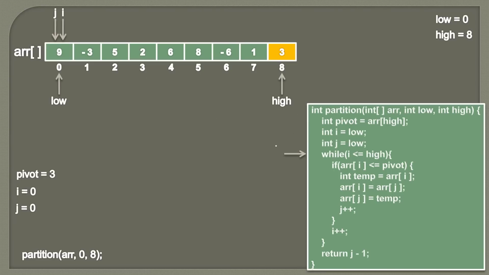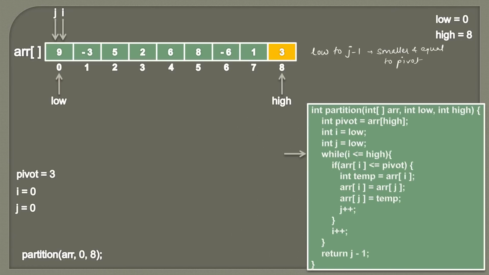The basic idea behind this algorithm, and why we are creating 2 pointers: if you look closely, we have these pointers. From low to j-1, we have the smaller elements and the elements equal to pivot.